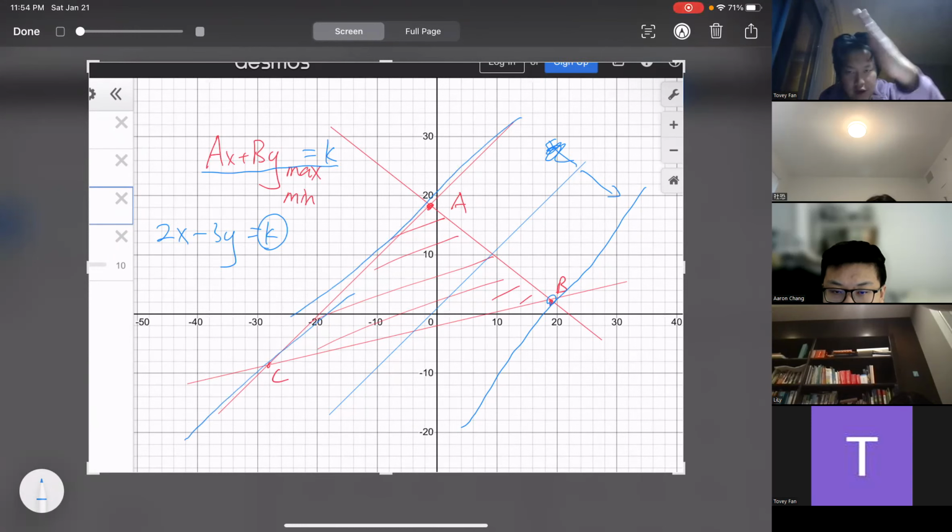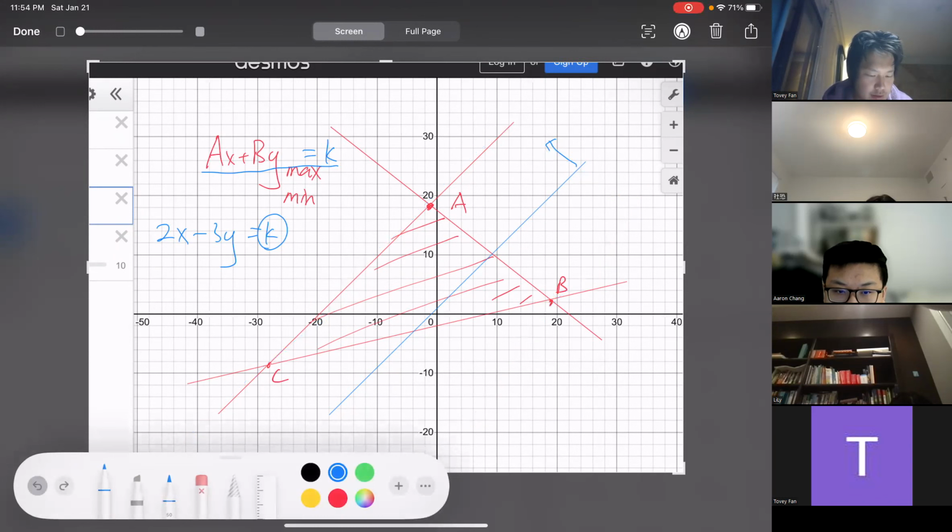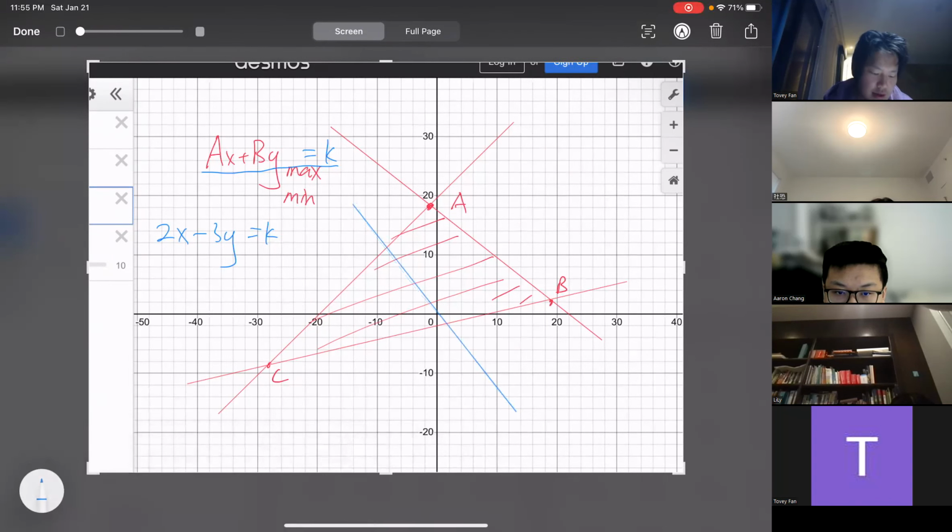You see, because it's always going to be a line moving up and down, right? It can be this orientation or it can be the other orientation. If the slope is negative, it will be a line like this. And again, it moves up, it moves down, right? So the smallest value would probably be here when it goes to C, and the biggest value would be here when it goes to B.